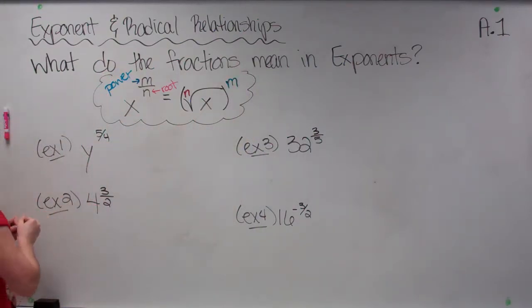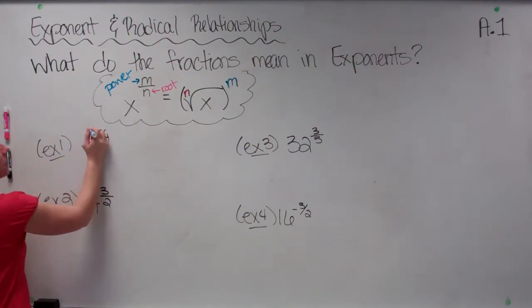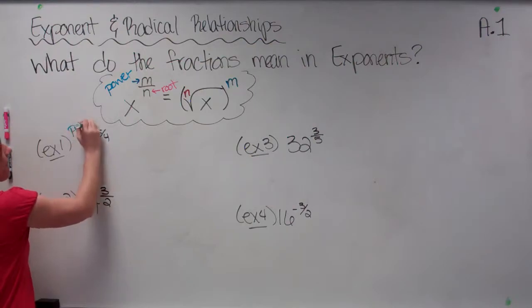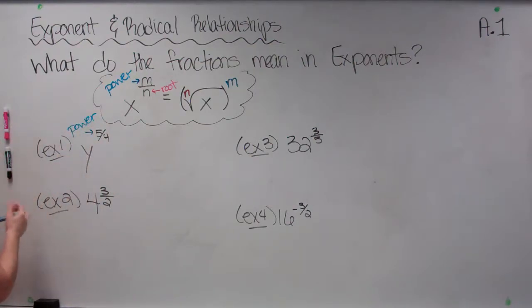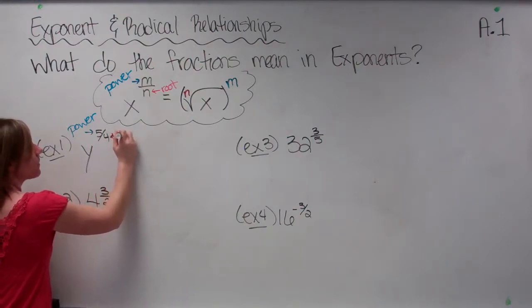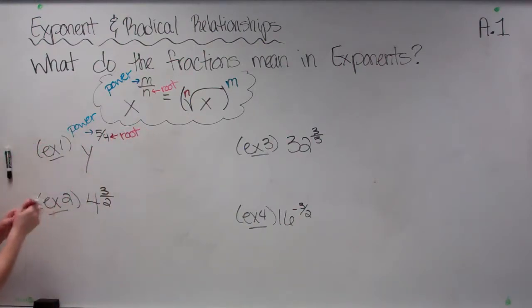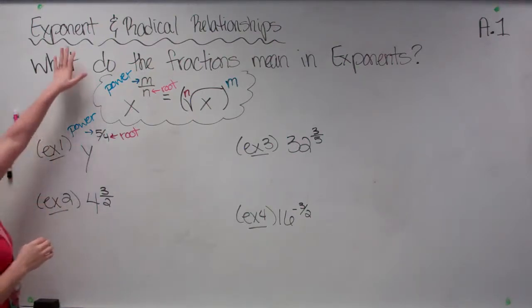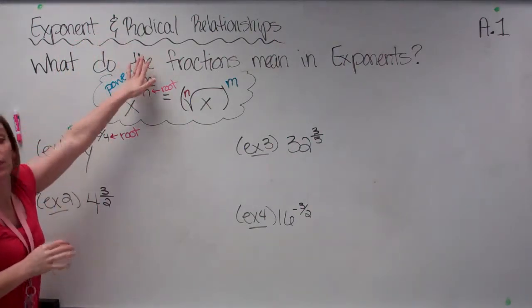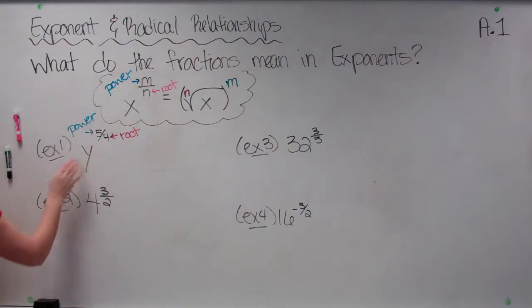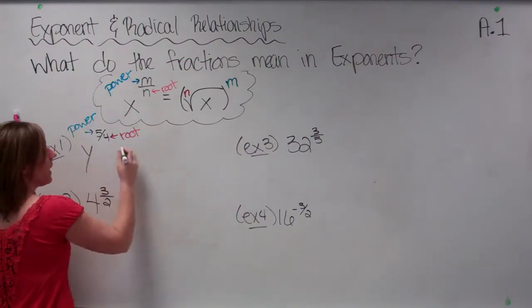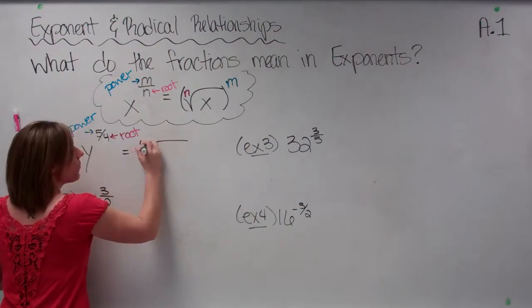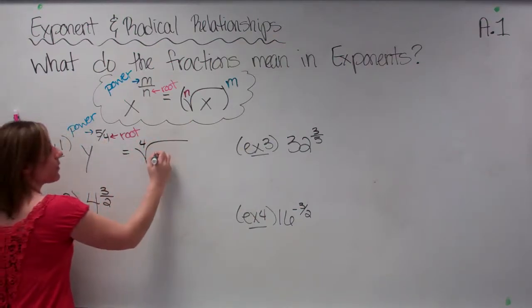All right, so here we actually have some numbers. So which one is the power? Well, the power is the 5. And which one is the root? Well, the root is the 4. So if you wanted to rewrite that to understand it a little bit better, or to take it into a radical type form, this actually would rewrite as the 4th root, because that's what we want to work out first.